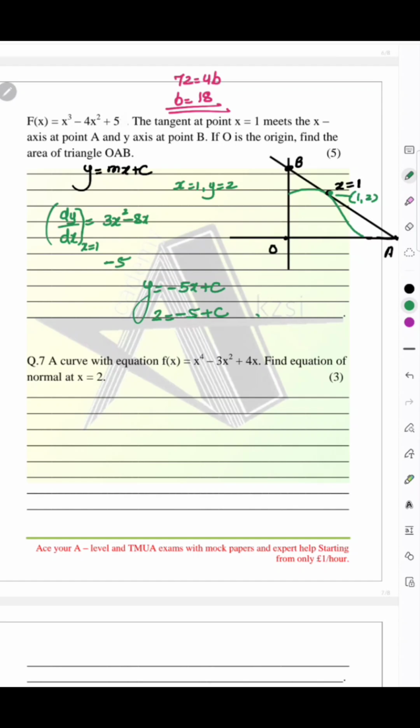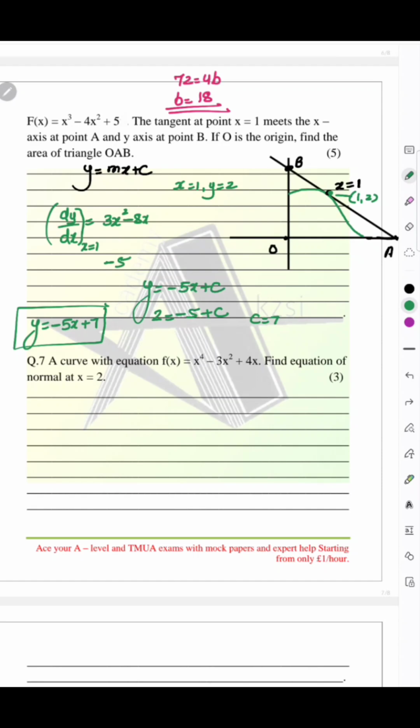From here c is 7, so the gradient is negative 5, and my final equation is y equals negative 5x plus 7. That is, the equation of this tangent is y equals negative 5x plus 7.